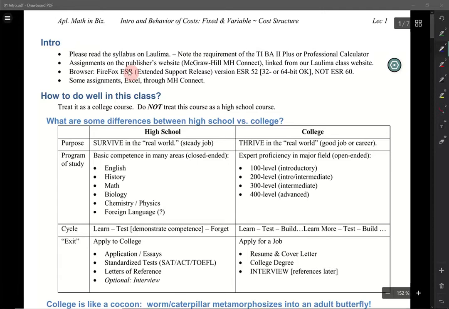There are some questions with a series of blue circles, and the blue circles should disappear. If they don't, make sure you're using one of the Firefox ESR browsers. And we'll be doing a little bit of Excel throughout the course.